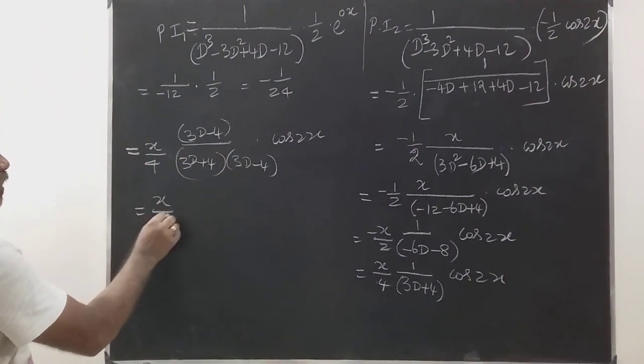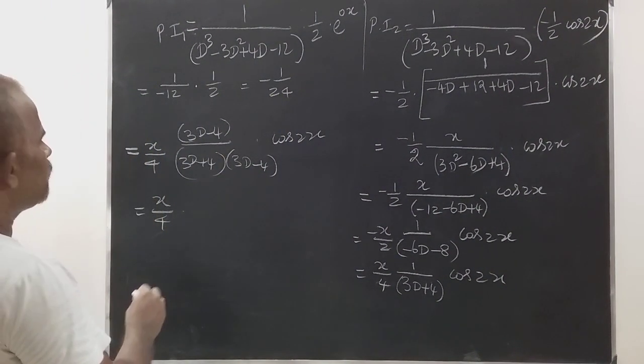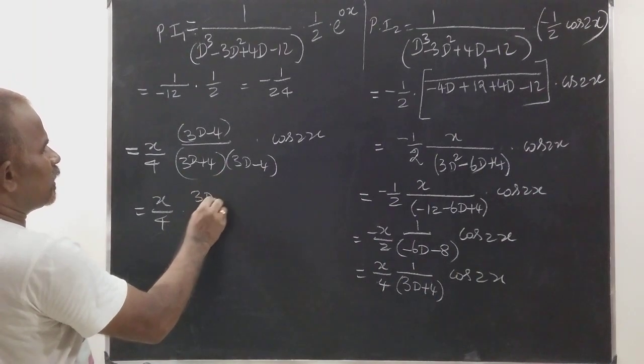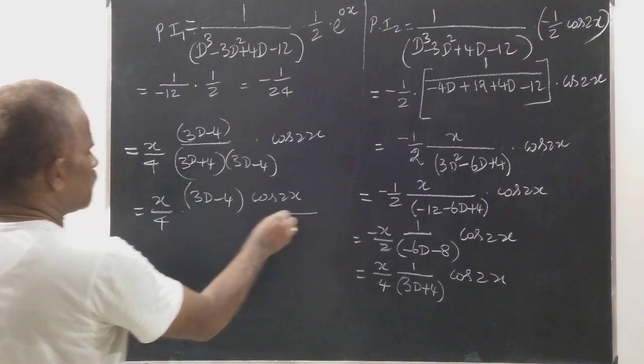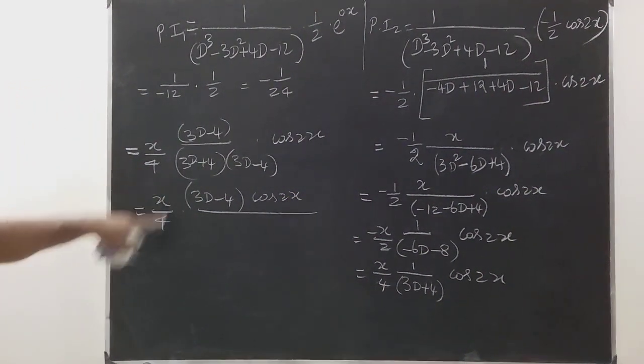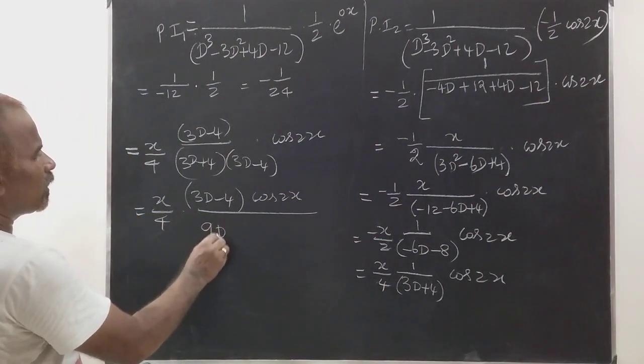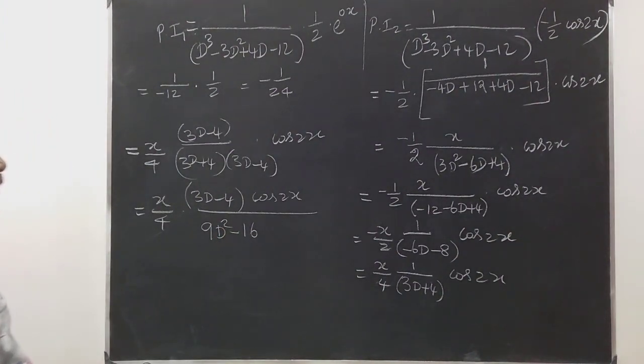Again which is equal to x by 4 into 3D minus 4 cos 2x divided by 9D squared minus 16.